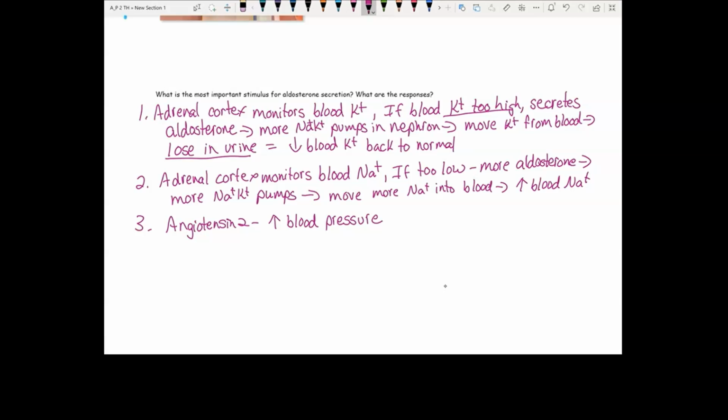So angiotensin II stimulates the adrenal cortex to secrete aldosterone. Aldosterone causes the nephron to have more sodium-potassium pumps. These pumps move sodium to the blood.